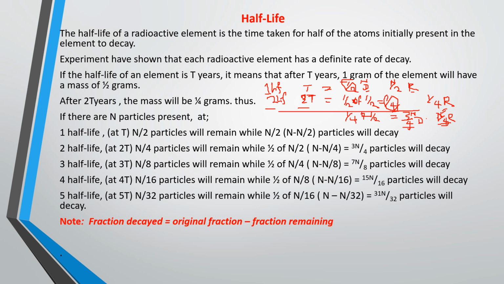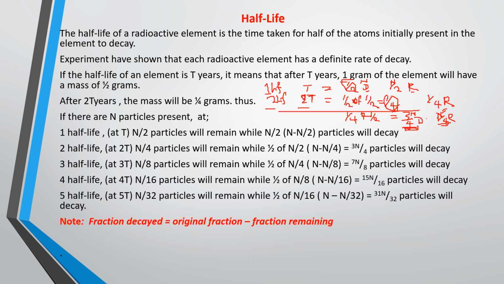So here we have that 1 over 2 plus 1 over 2 is equal to 1. 3 over 4 plus 1 over 4 is also equal to 1. So the amount of substance that has decayed and remaining should be equal to the initial amount that you have. Is that okay?